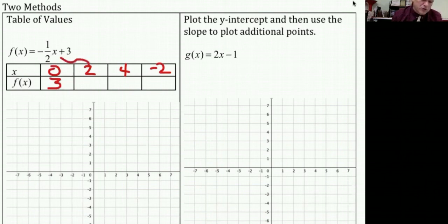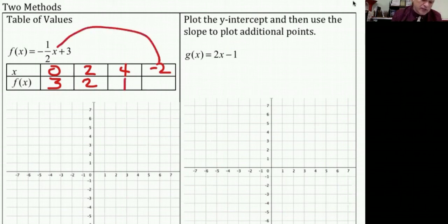Now let's take 2 and substitute it in for x. So negative 1/2 times 2, which is negative 1, plus 3 gives you 2. Let's take 4, substitute it for x. Negative 1/2 times 4 is negative 2. Plus 3 gives me 1.